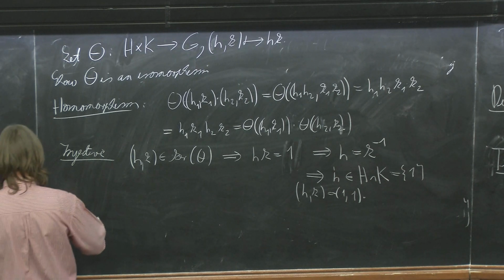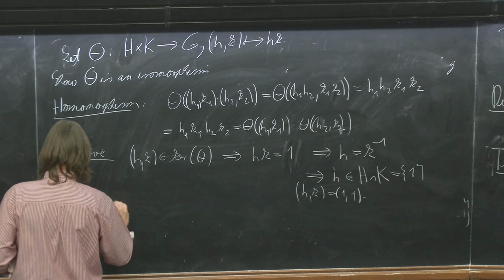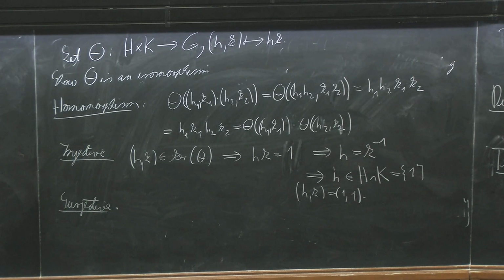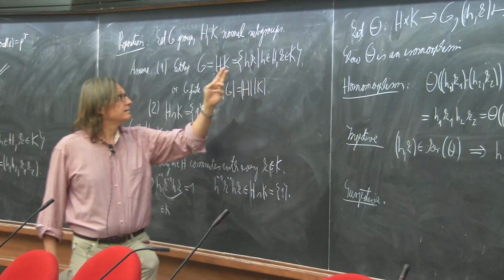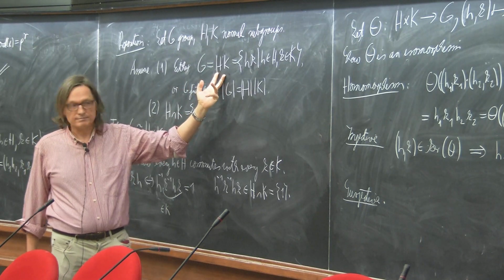And surjective is basically what we asked here. We made the assumption here that G is equal to H times K, the product of all hk with h in H and k in K. This assumption precisely says that the map is surjective.